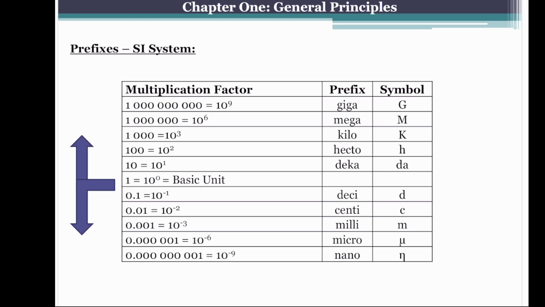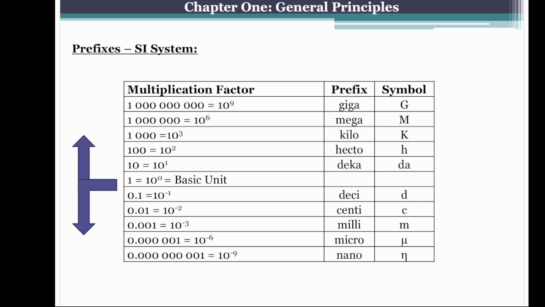So for instance, if the basic quantity represents the 1, which is 10 to the power 0, then 10 to the power 1, which is 10, is deca, then you have hecto, kilo, mega, giga. You're very familiar with those, like if we talk about Pascal, for instance. We know that you have kilopascal, megapascal, and gigapascal as well.